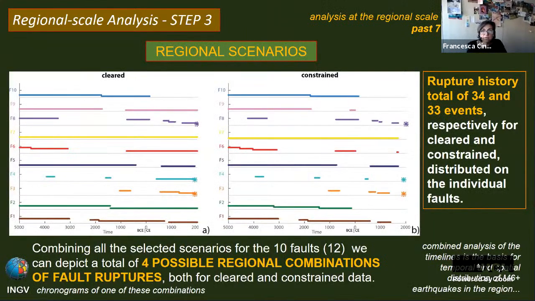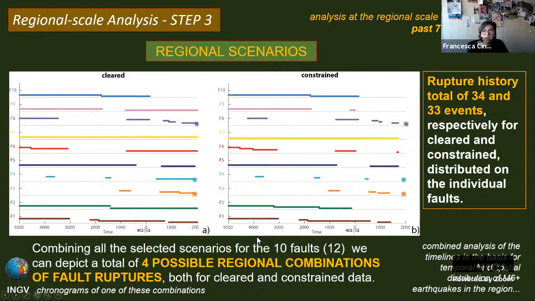So we restricted our regional analysis only to the past 7 kilo-year time window. And combining all the selected scenarios for the 10 faults, we can depict a total of 4 possible regional combinations of fault ruptures. And this is the chronogram of one of these combinations.